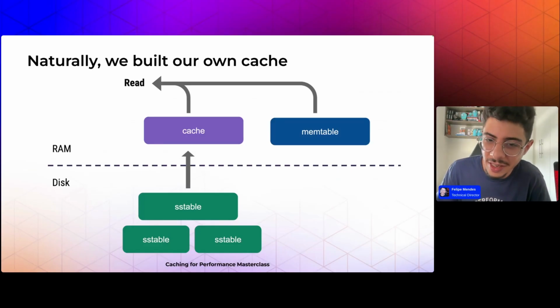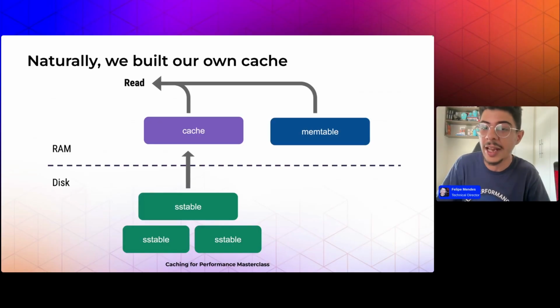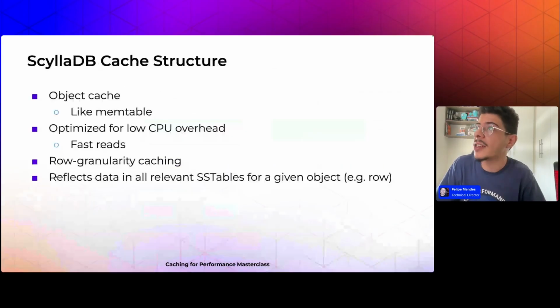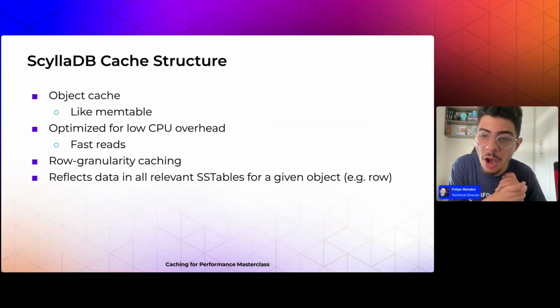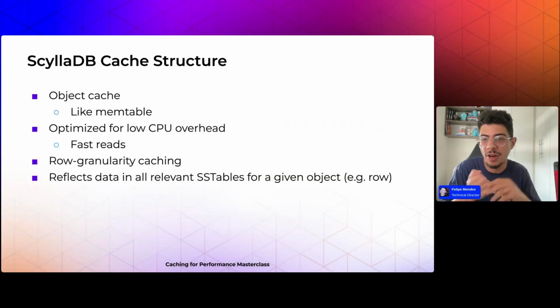Data not present in the cache goes to disk only once. We populate the cache, and subsequent access doesn't require touching the disk again, thus avoiding the host of problems which I just described. So let's now talk about how the ScyllaDB cache structure works. It's implemented as an object cache optimized for very little CPU overhead.